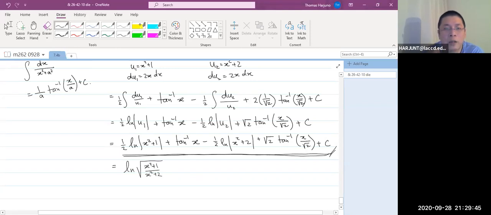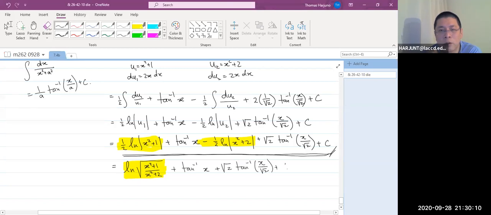They combine this guy and this guy together into this. Okay? Plus tangent inverse of x plus square root of 2 tangent inverse of x over square root of 2 plus constant.